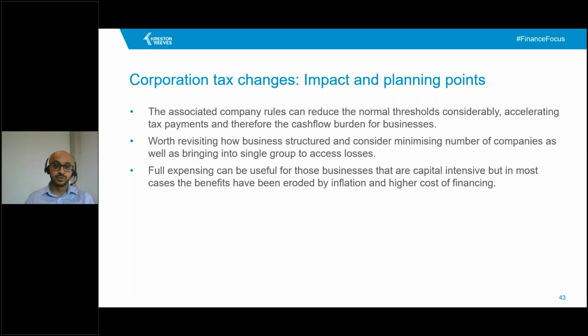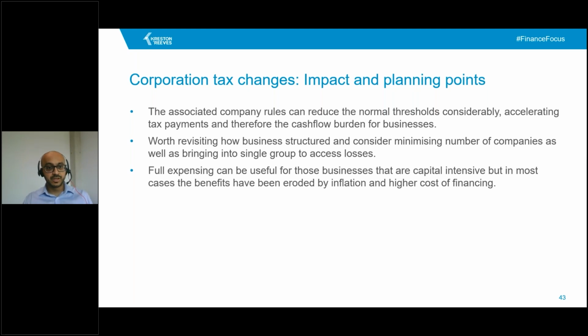Furthermore, as full expensing operates alongside the annual investment allowance, or AIA, with its £1 million limit, full expensing is likely to be far less useful for most businesses that never hit that level of spending, especially as AIA is usually far less restrictive and provides more relief generally.